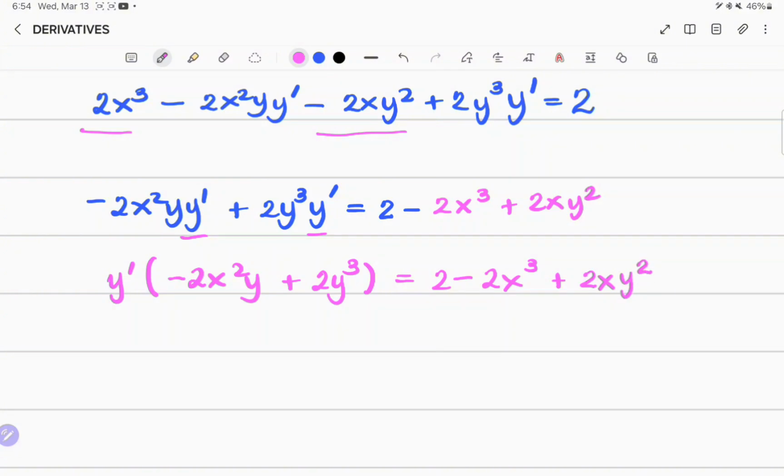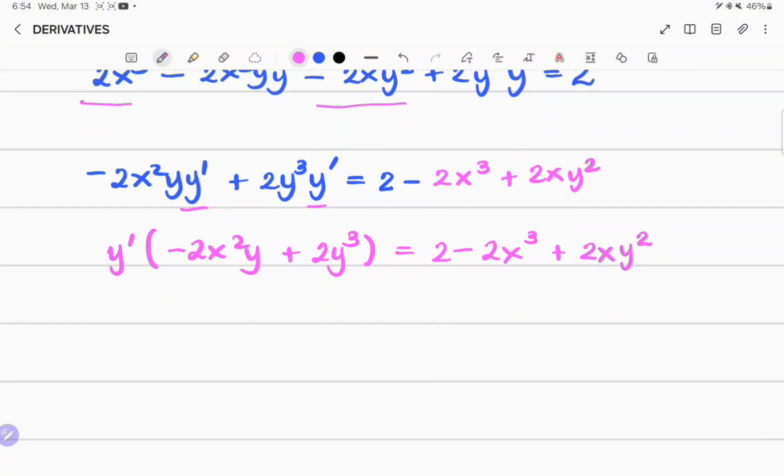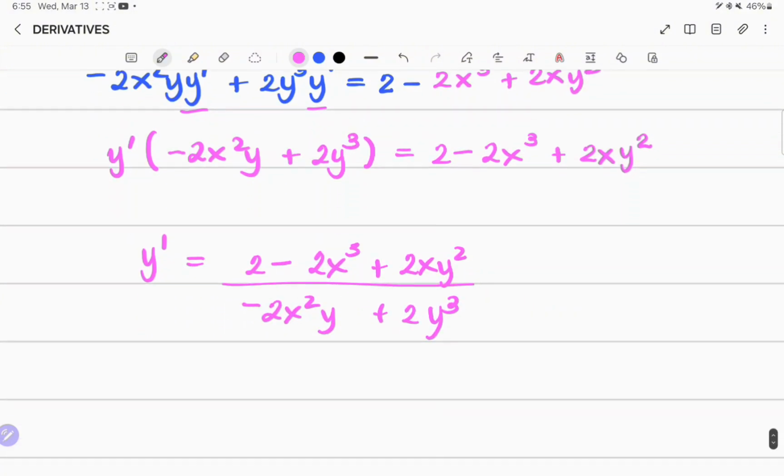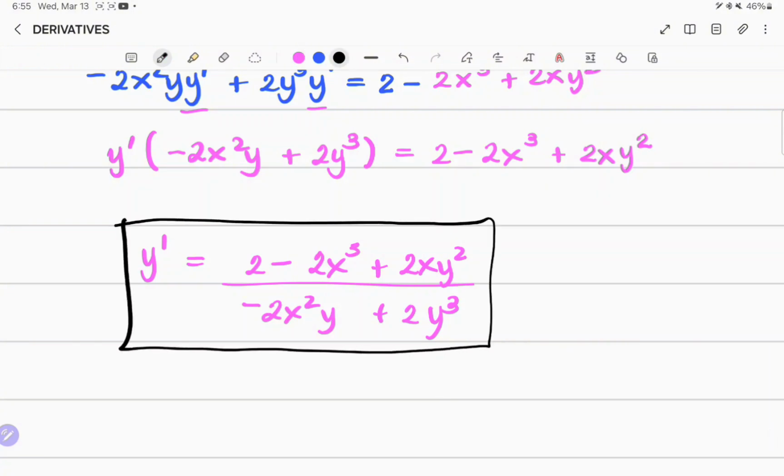Then we divide both sides by this quantity, negative 2x squared y plus 2y cubed, and it will give us y prime as (2 minus 2x cubed plus 2xy squared) over (negative 2x squared y plus 2y cubed). So this is our y prime, which we can use to find the slope of the tangent line and of the normal line.